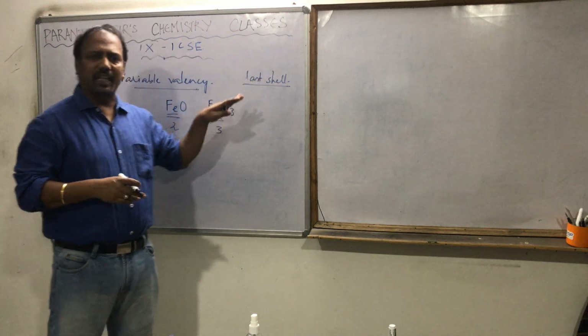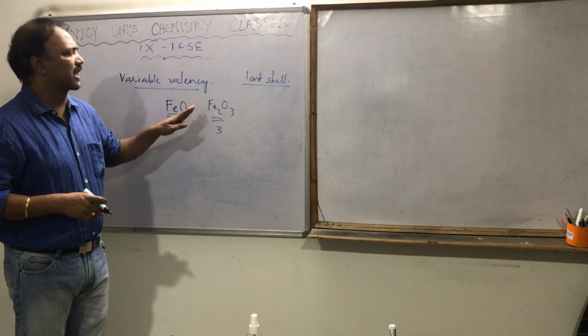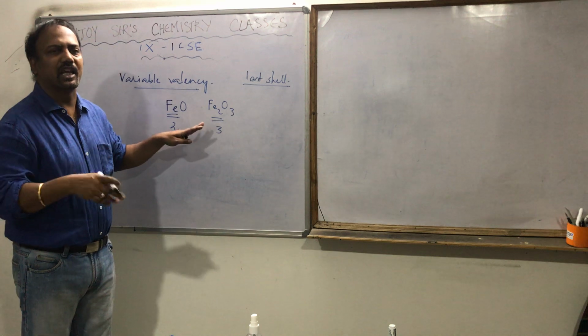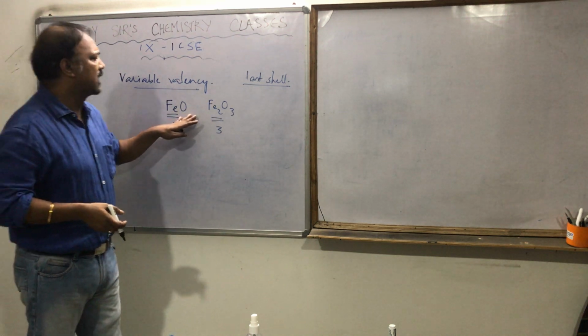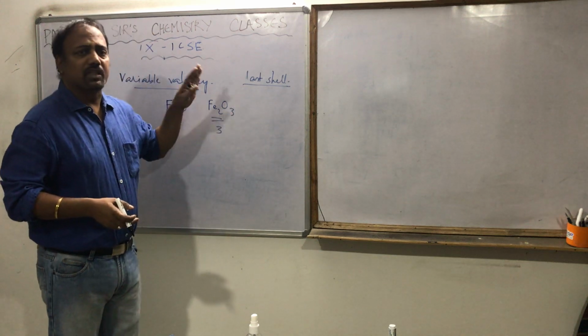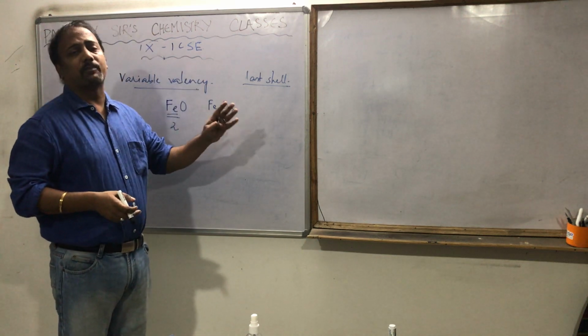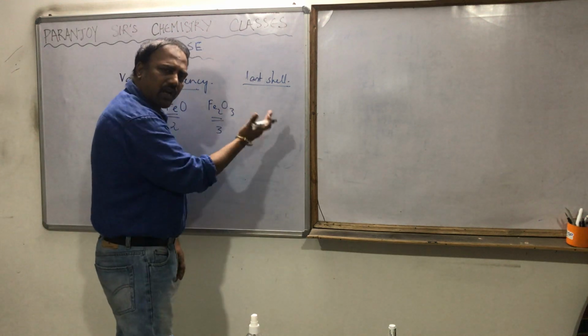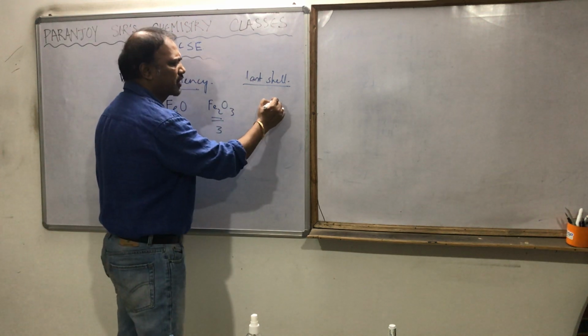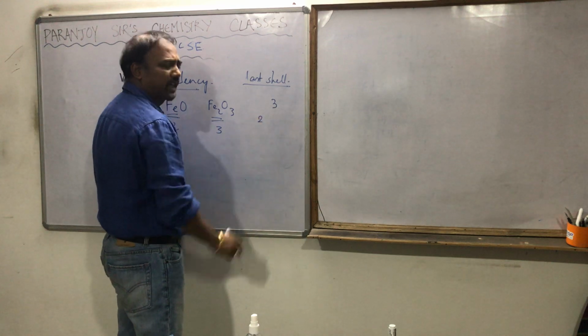Okay, but in certain cases, in case of certain elements, obviously in detail you will understand in the higher classes, maybe in class 11 only you will understand this, some electrons from their penultimate shell are involved. Penultimate shell means one shell before the last shell. Suppose last shell is the third shell, so we are talking of the second shell.